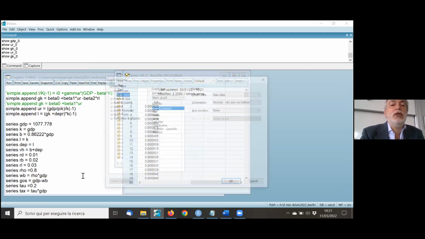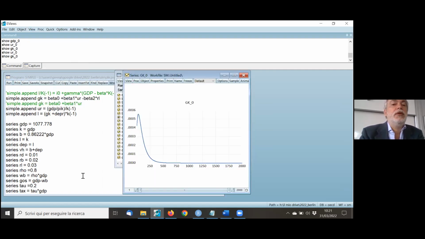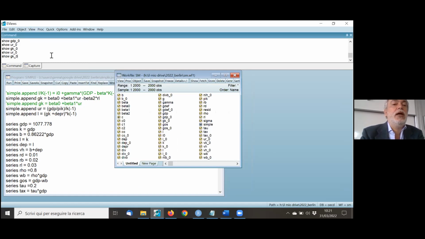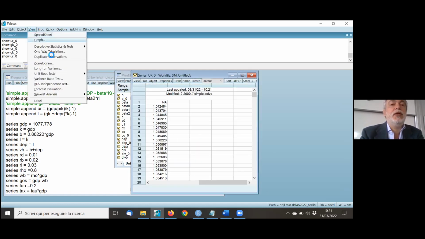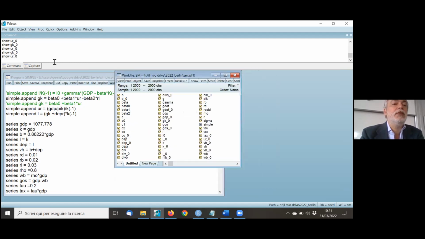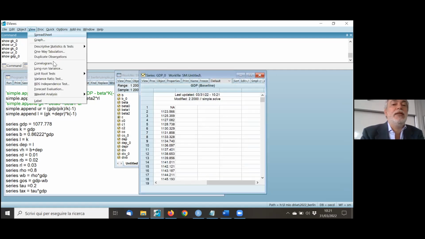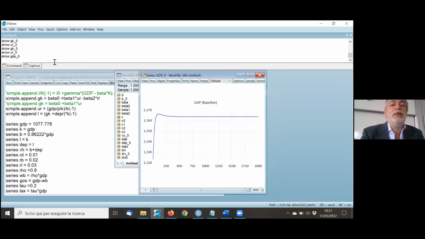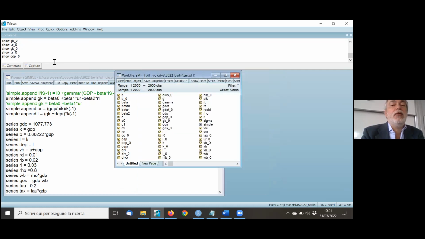GK goes to 0. As before, UR should go to 1 as before. It does, and the GDP should stabilize like before. But now we have a different impact of the interest rate.